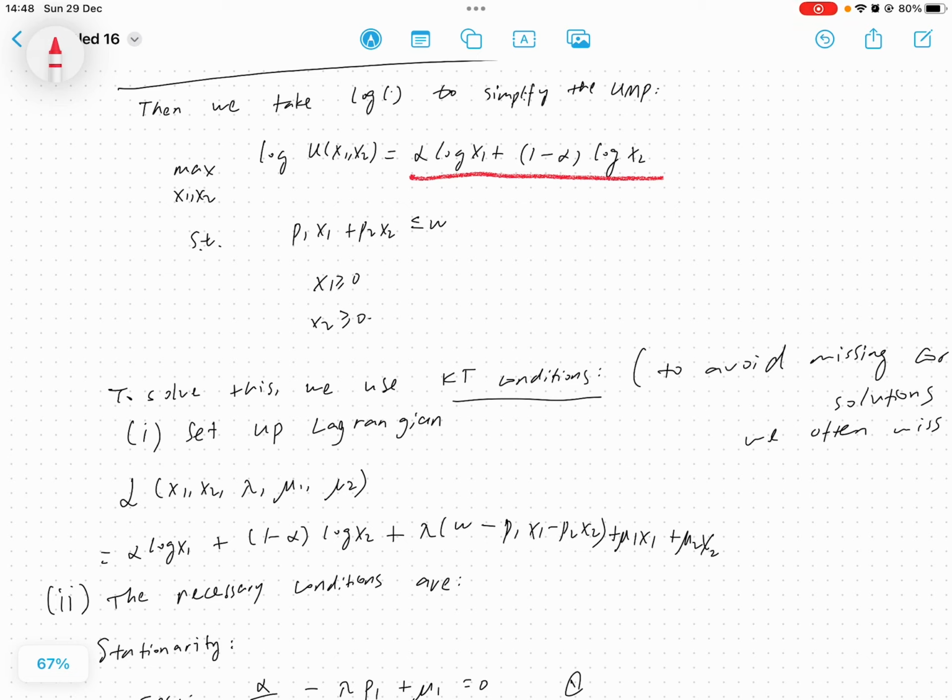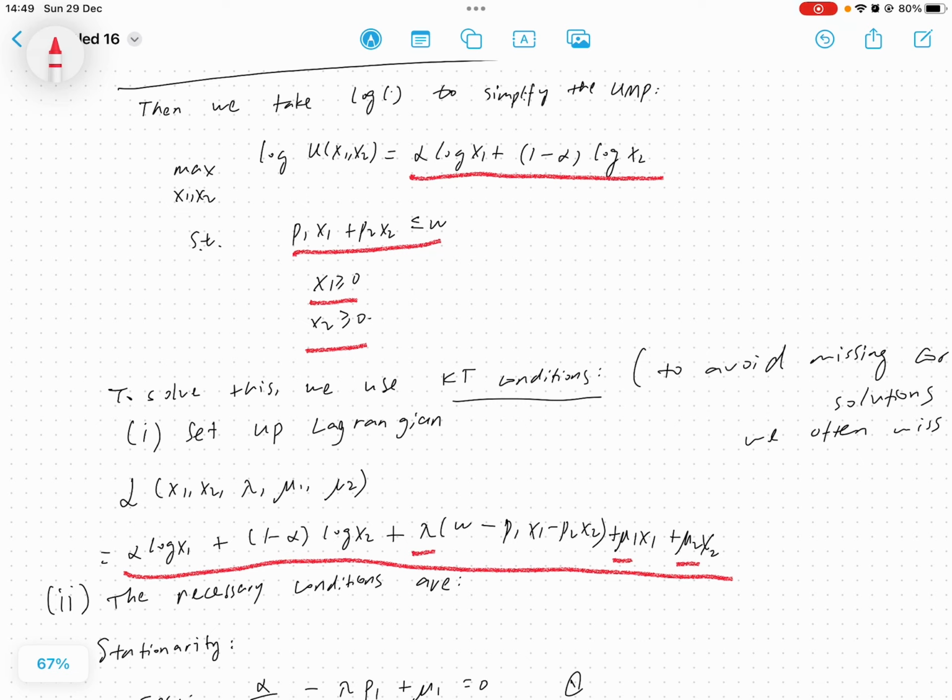In full, this Lagrangian equals alpha times log x1 plus 1 minus alpha log x2, and then plus something else. Here we put some multipliers, such as lambda for the first constraint, mu1 for the second, and mu2 for the third.